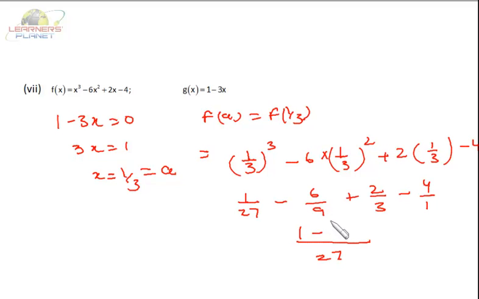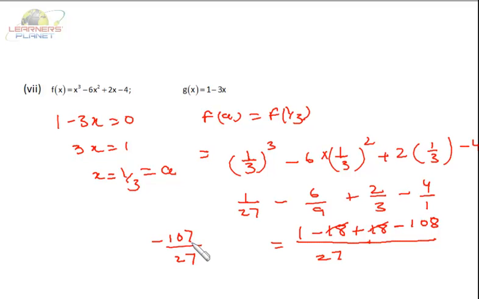It's 1 minus 9 threes are 27 and 3 6s are 18 plus 3 9s and 9 2s are 18 minus 1 into 27, that is 27, and 27 into 4 is 108. So what we are getting is minus 107 by 27. So if this expression is divided by this expression, we will be getting the remainder as minus of 107 by 27.